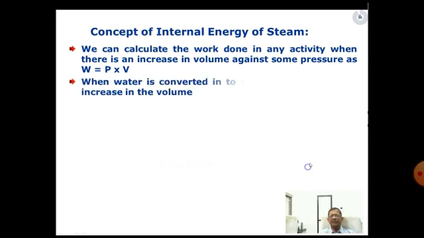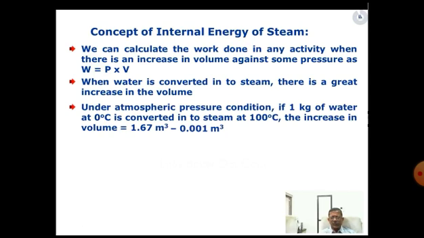If water is converted into steam, there will be a very large expansion in volume, right? If we consider that water at 0 degree centigrade under atmospheric pressure is converted into steam at 100 degrees centigrade, then the specific volume of steam at atmospheric pressure will be 1.67 meter cube, and the specific volume of water at 0 degree centigrade we can assume as 0.001 meter cube, that is 1000 kg per meter cube density.